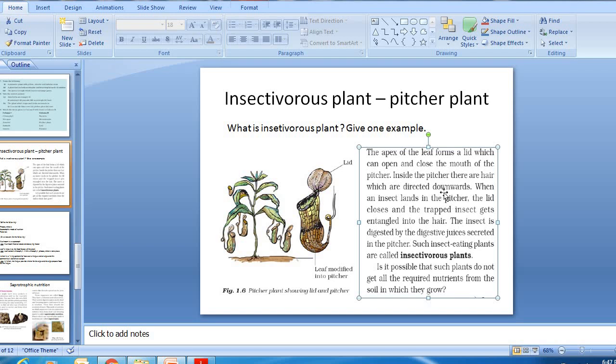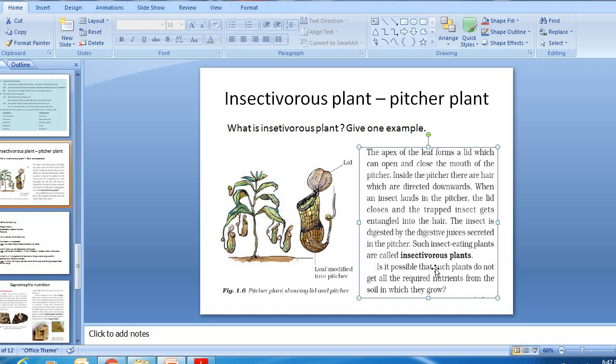Inside the pitcher there are hairs which are directed downwards. When an insect lands in the pitcher, the lid closes and the trapped insect gets entangled in the hair. The insect is digested by the digestive juices secreted in the pitcher. Such insect-eating plants are called insectivorous plants.